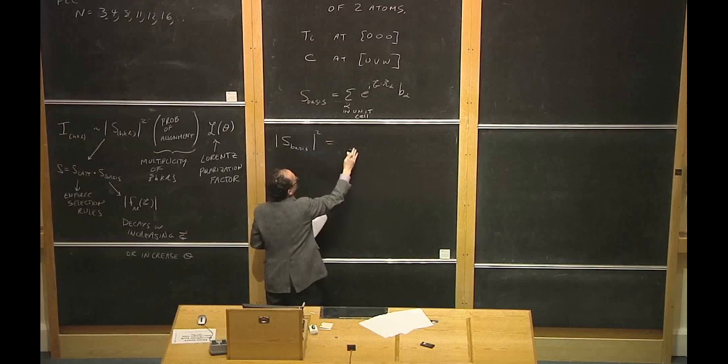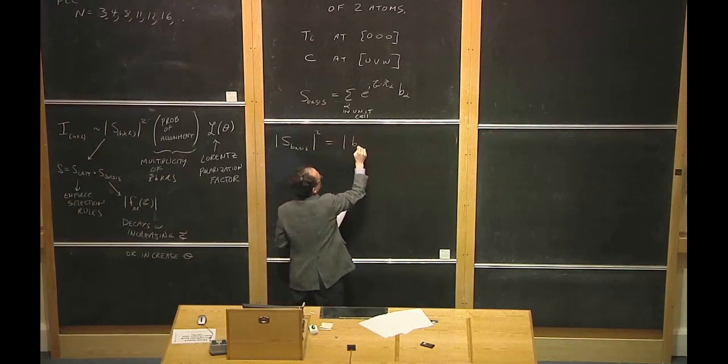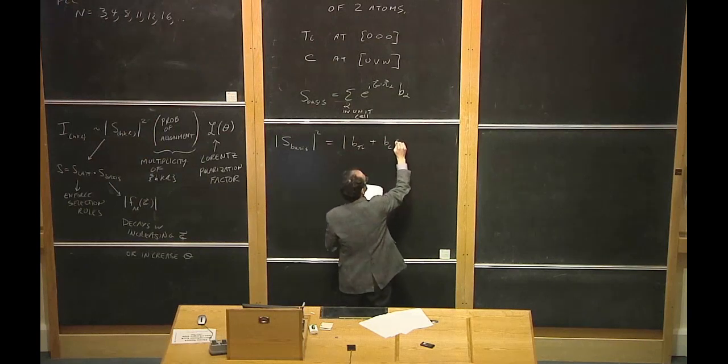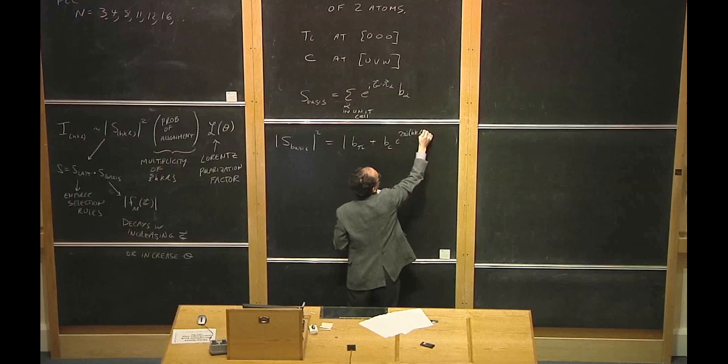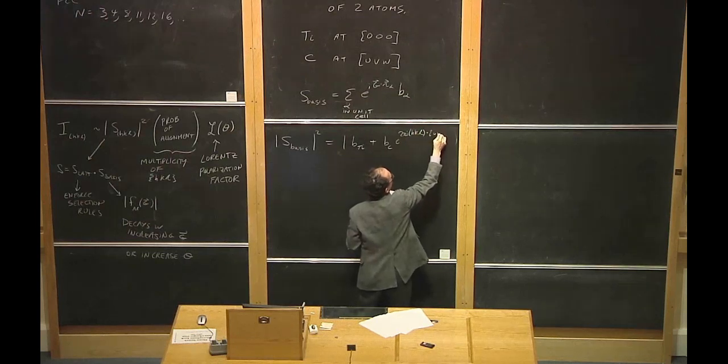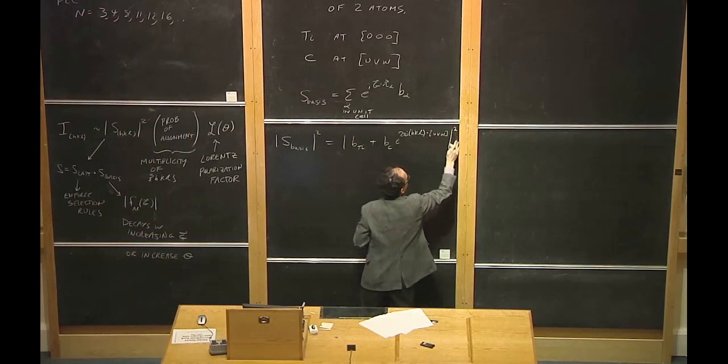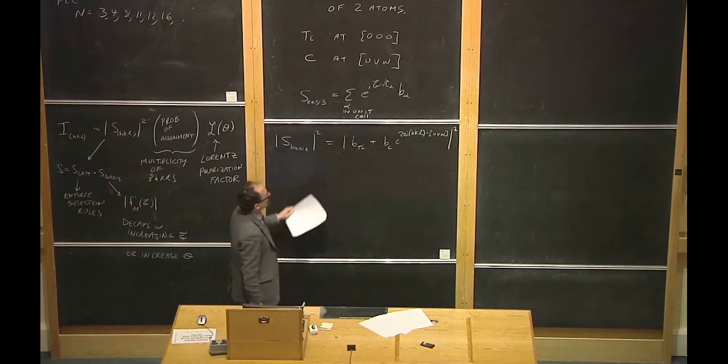So S basis squared here will be b titanium plus b carbon, we'll write it as e to the 2 pi i HKL dotted into UVW. And then you take that thing and you square it, and that will give you the basis structure factor.